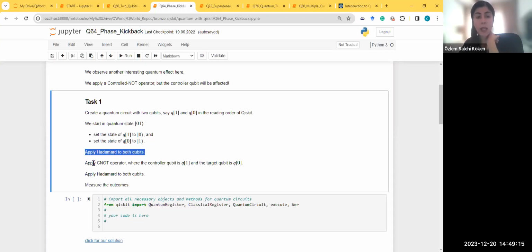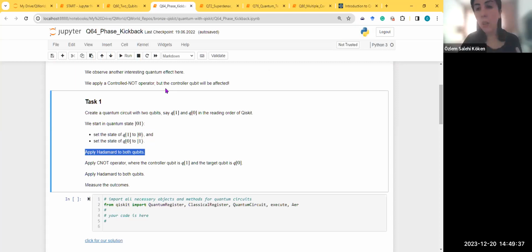Then you apply the CNOT operator, where Q1 is the control and Q0 is the target, and you apply Hadamard again. As a result of this, what you will observe is that the output will be the state 11.